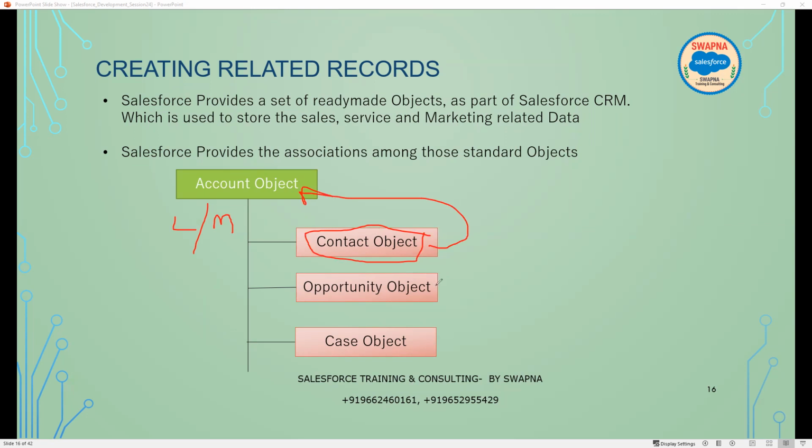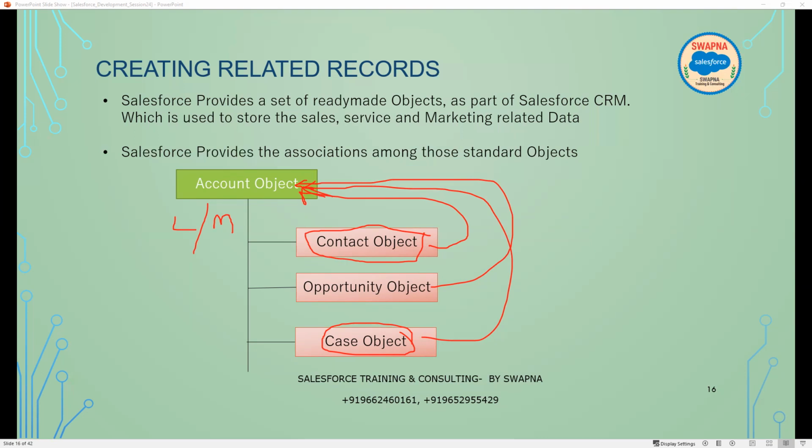Similarly, in the opportunity, there is a lookup to the account. Similarly, for the case object, there is a lookup looking for the account object. That means there is a relationship implemented between account and contact, account and opportunity, and account and case object. Now, when we have this kind of relationship, how do we do this?